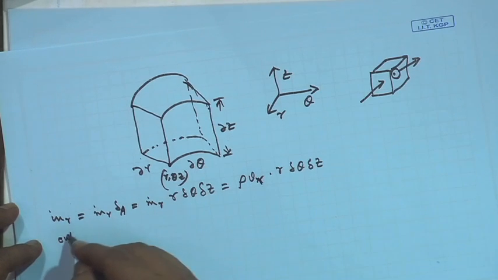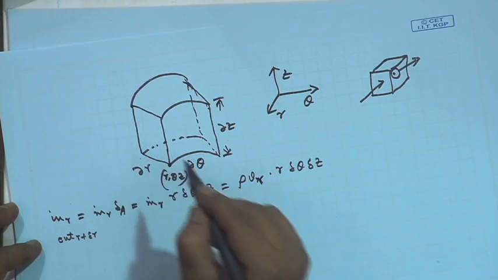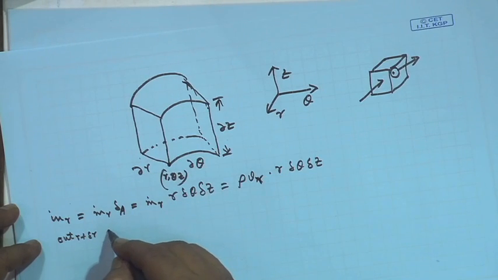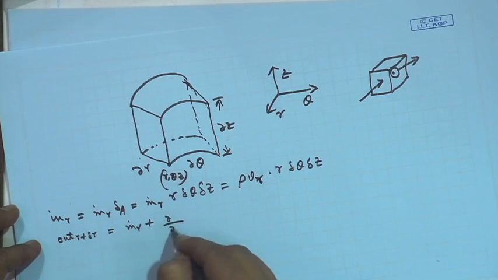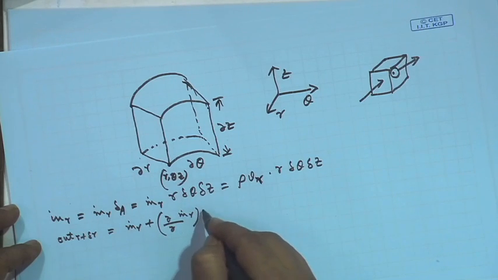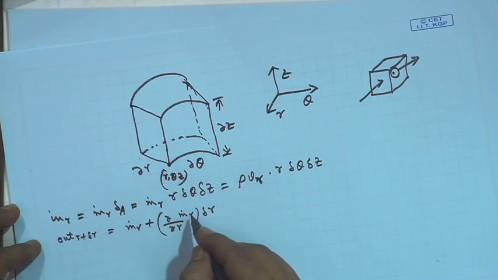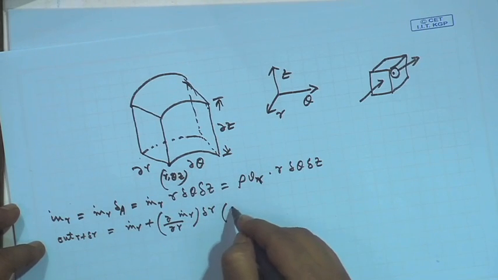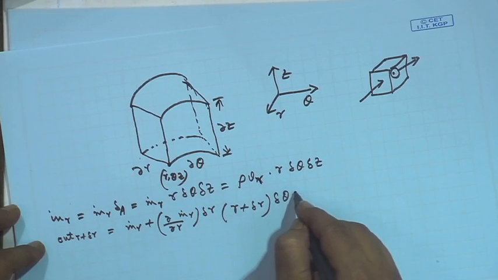Out, r plus del r, is at this point in this plane, and that equals m dot r plus del r of m dot r into the entire del r, into the area, which is r plus del r into del theta into del z.